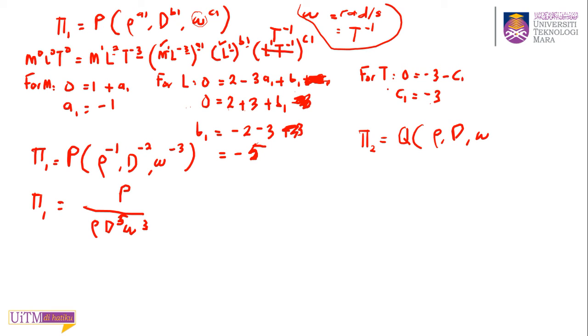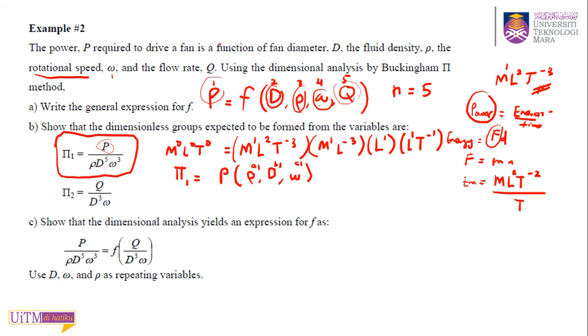Do the same for this one, like this one, for Q2. So you have rho A2, diameter B2, omega C2. Again, this is dimensionless parameters for pi, so that's why we have M0 L0 T0, and Q is flow rate.